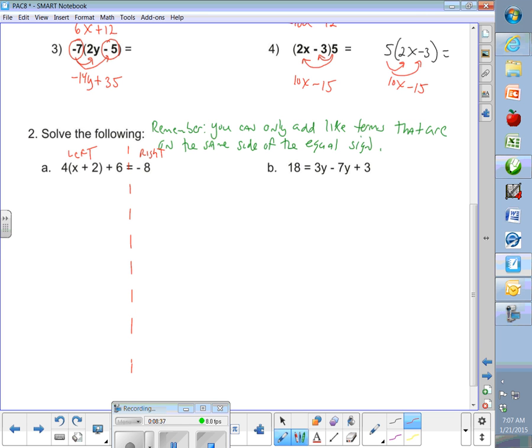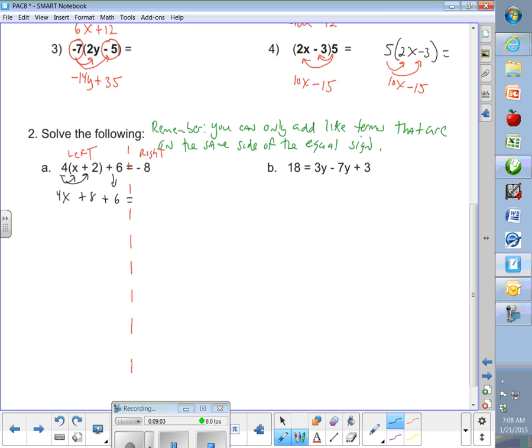So if you see in the beginning, we have a situation where we can distribute. So that's what we want to do first. We want to do this before we try to isolate the variable. So this is all first. 4 times x, 4x. 4 times a positive 2, positive 8. We still have this plus 6.